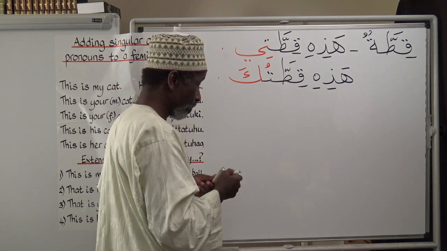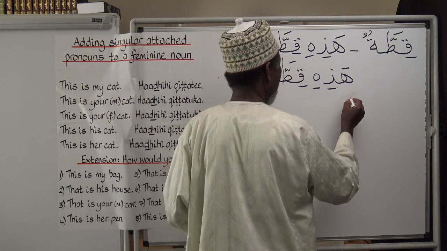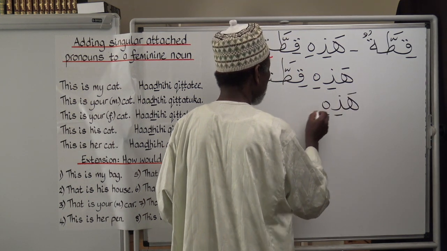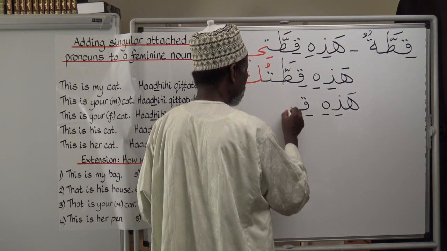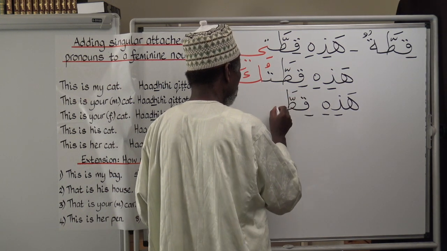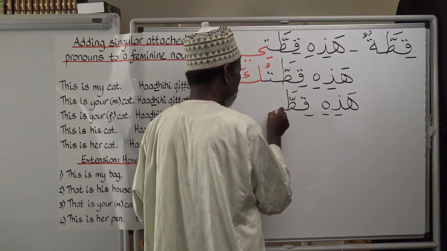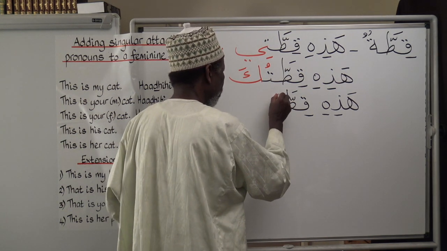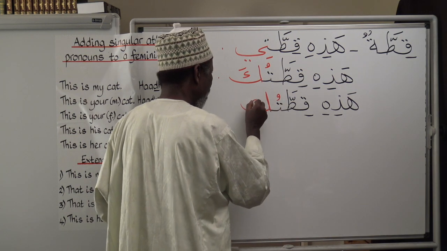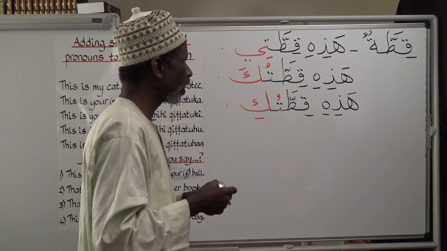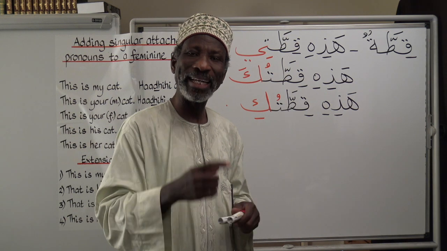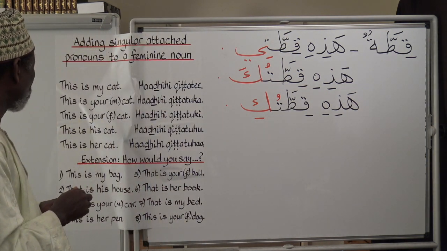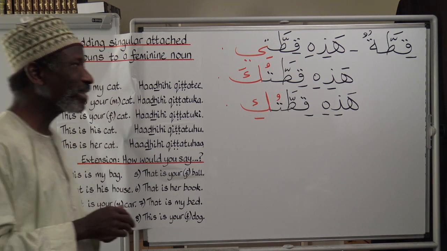If you are speaking to a female, of course you will say hadhihi qitta, tu, again we're putting tu there, and then ki ending. Hadhihi qittatuki. Now, let's look at how do we say this is his cat.